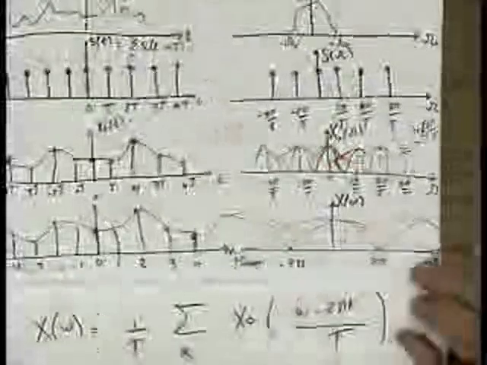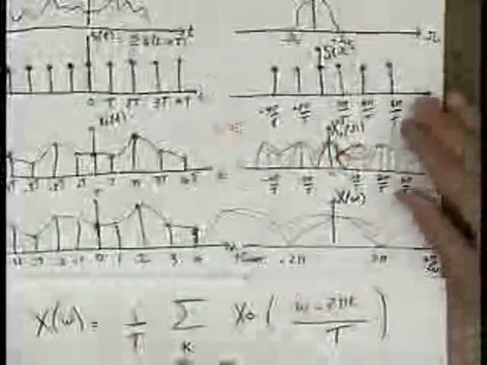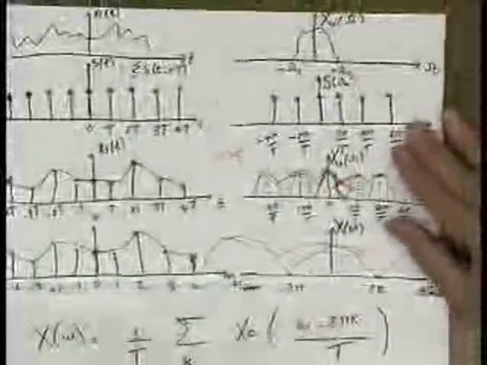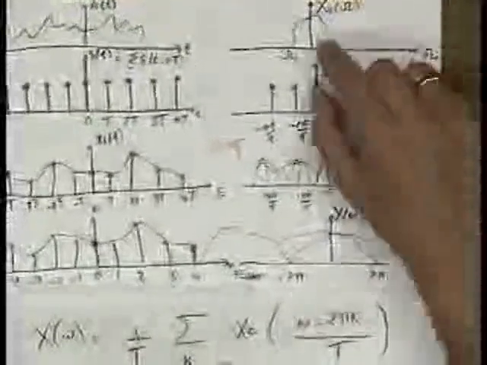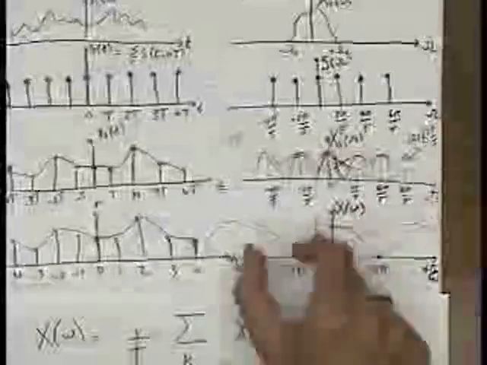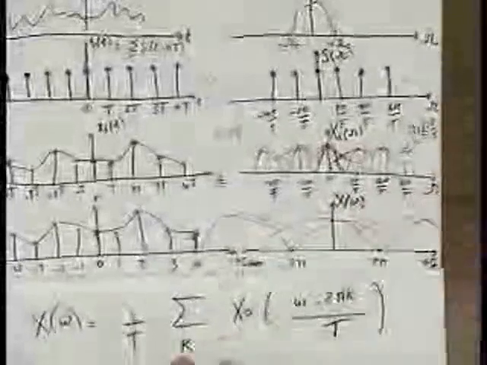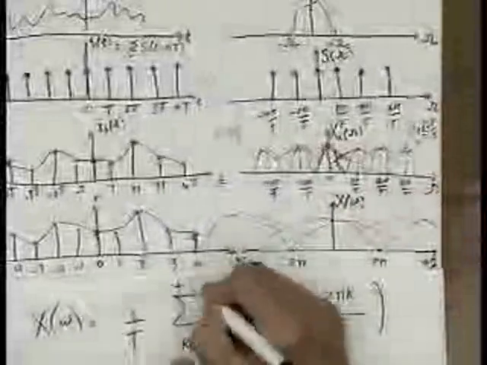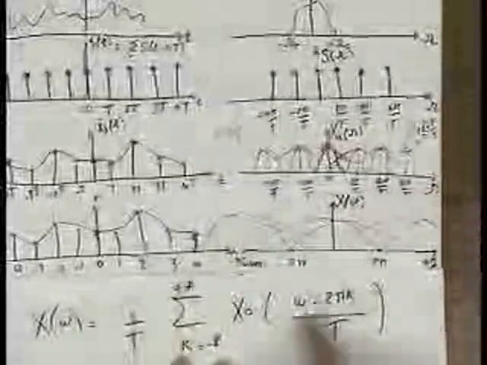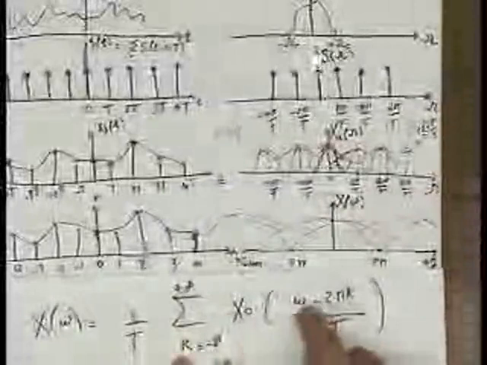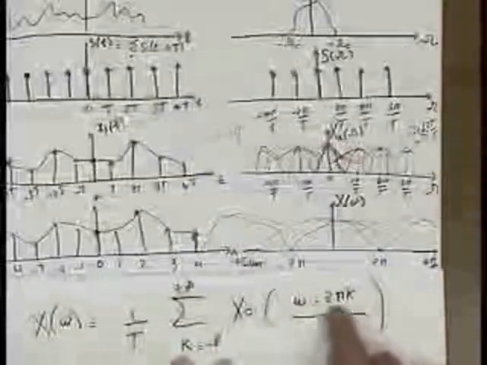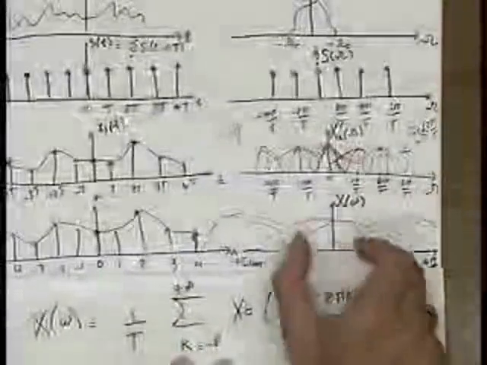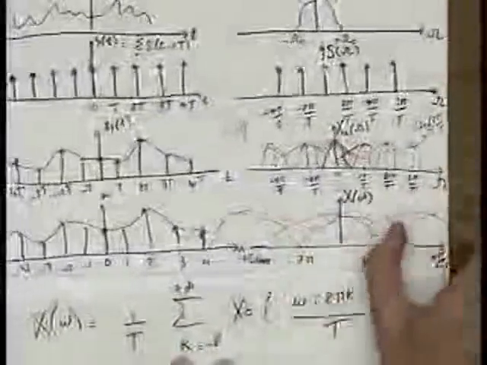Thank you. Okay, so let's come back to our X c of omega. It's our X c of omega that got replicated infinitely many times. That's the summation over k from minus infinity to plus infinity of X c of omega minus 2 pi k. What's this thing doing? Well, this is the shifted one. It's 2 pi here, 2 pi here.